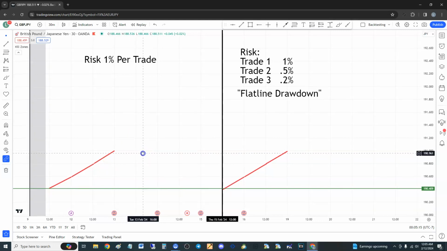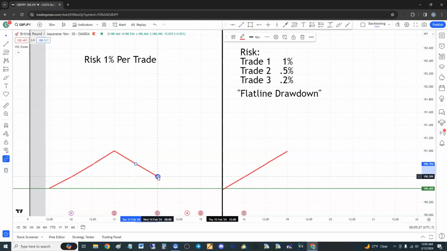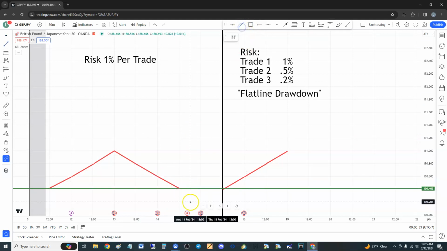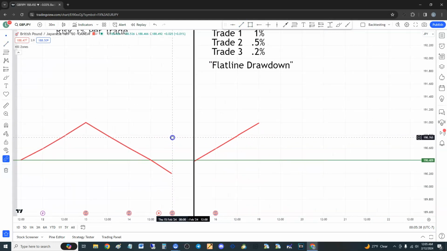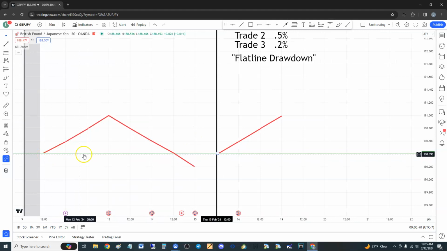Now let's say theoretically we get into a losing streak and we lose 4 trades in a row, right? 1% each. So what's going to happen is we're going to go 1% loss, another 1% loss, and this is the equity curve you're going to be seeing, a third one, and then a fourth one. By the end of your losing streak, you are already below your starting point.